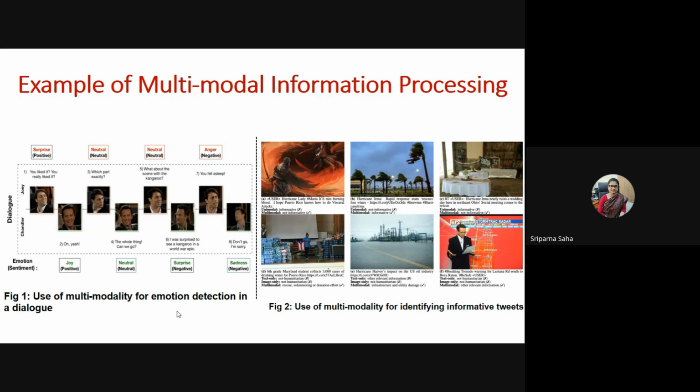So suppose a disaster has happened, and during the disaster time, people used to post about their situation in the social media. They used to post how many people got stuck in a particular building, and what is the situation in the particular building. So all the current situation they used to post in the social media.